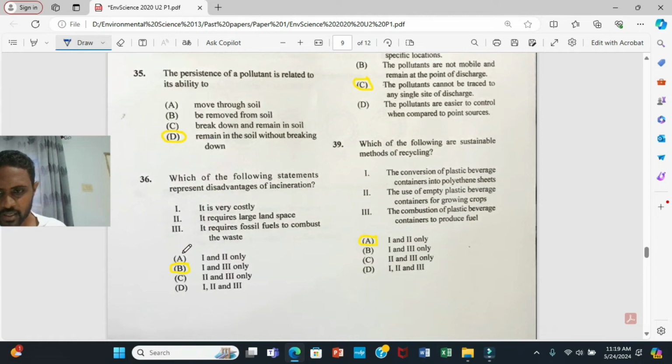That's burning, guys. So the answer will be B, 1 and 3 only. So 1, it is very costly, and 3, it requires fossil fuels to sustain combustion. That would be 2 disadvantages. But of course, guys, incineration doesn't require a lot of land space, so that won't be the answer here.